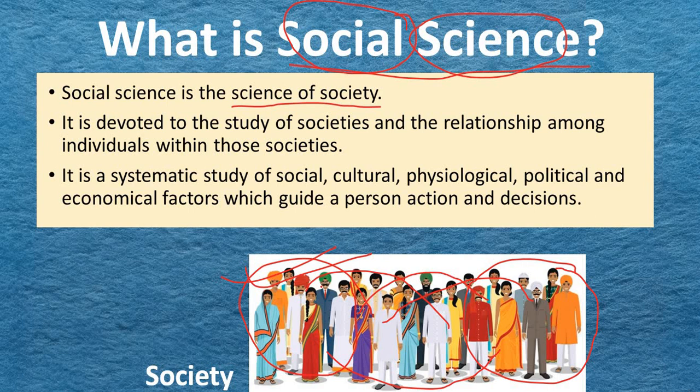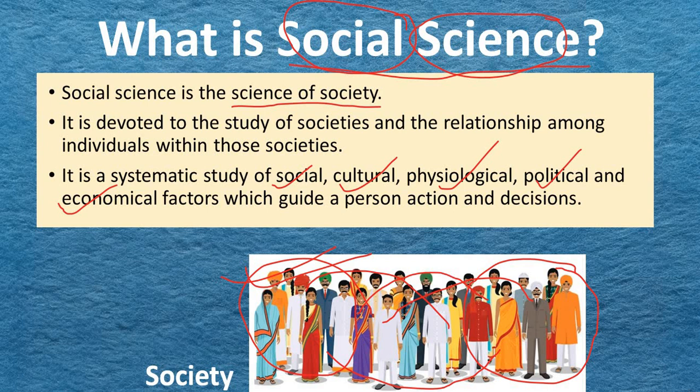Scientific, systematic study of various aspects. What are those aspects? You see, social, cultural, physiological, political and economical factors. We will have to study all these factors. Then we will be able to understand the actions and decisions taken by a single person or group of people in the society, and then we will be able to understand the entire dynamics of a society.